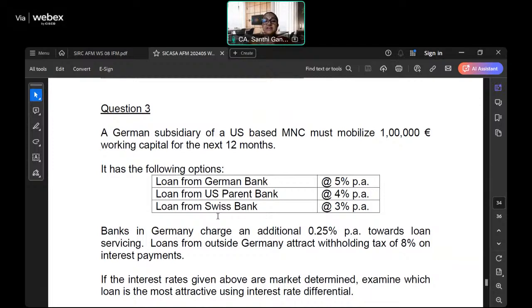So following options are there. It can get a loan from German bank for which interest is given. US bank, yes, interest is given. Swiss bank, interest is given. Banks in Germany charge an additional 0.25% per annum towards loan servicing. Loans from outside Germany attract withholding tax of 8% on interest payment. So you can try. Of course, withholding tax, no, it's like a retention tax, TDS.